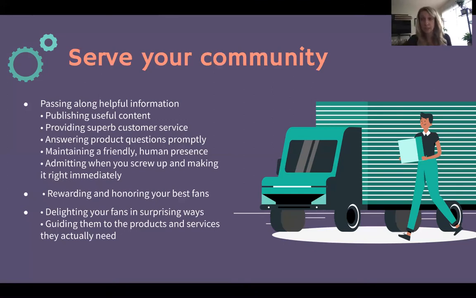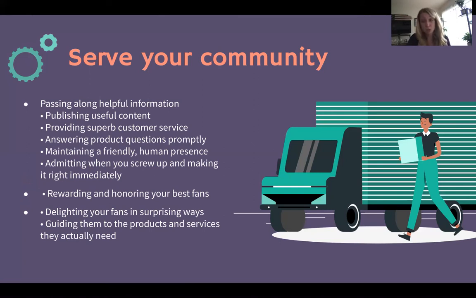Then once you've created this community, learn to serve it as best as your brand possibly can. Pass along helpful information, publish useful content, provide extremely superb customer service. Facebook talks about how much time it takes for your business to answer messages, and they will rate your business on that, and customers can see that. Ratings are out there everywhere, not just on Google, but on Yelp, on Angie's List, etc. Having superb customer service on the internet is very important.